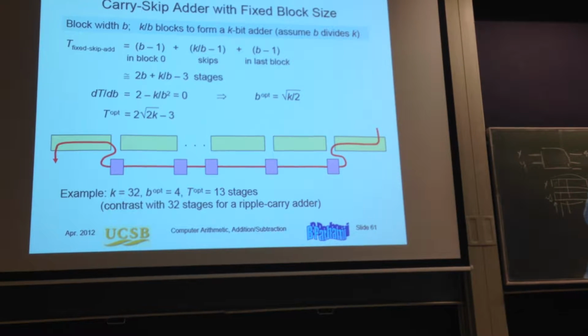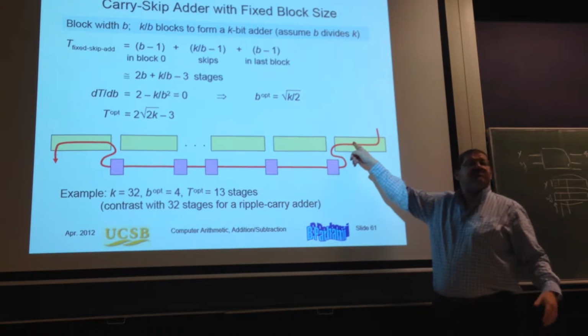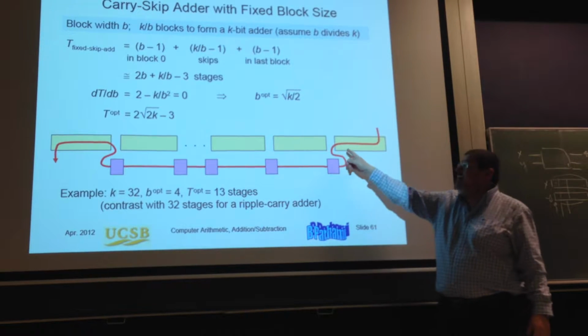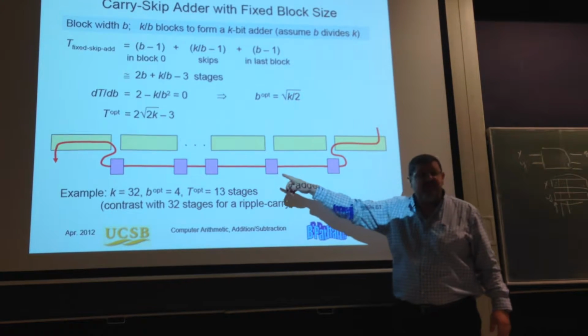Then by applying that scheme, I can see that my critical path will have b minus 1 steps when I'm propagating. I will have a number of skips.